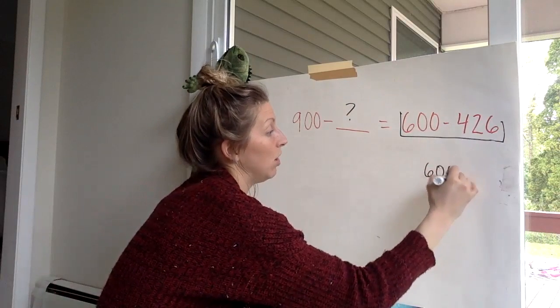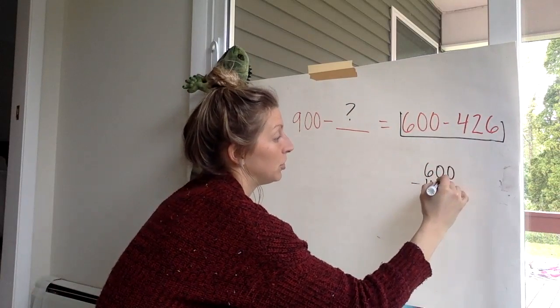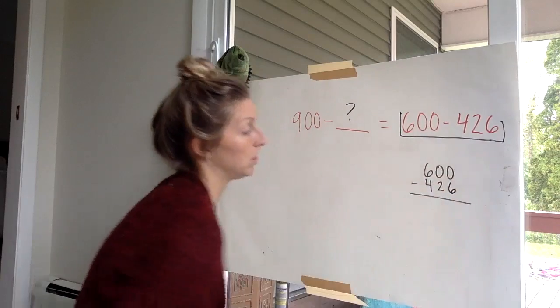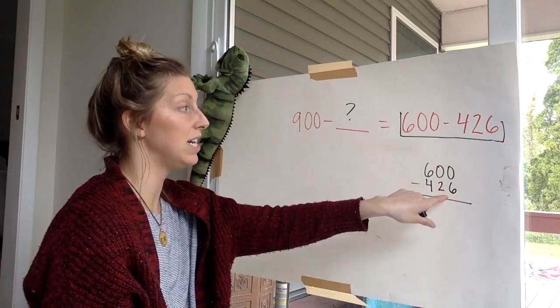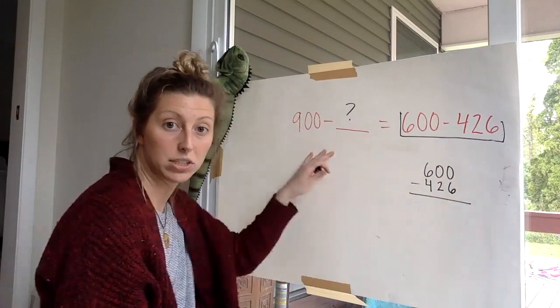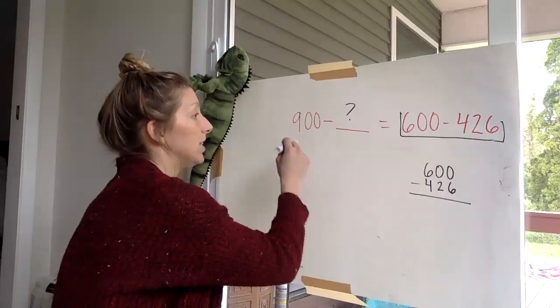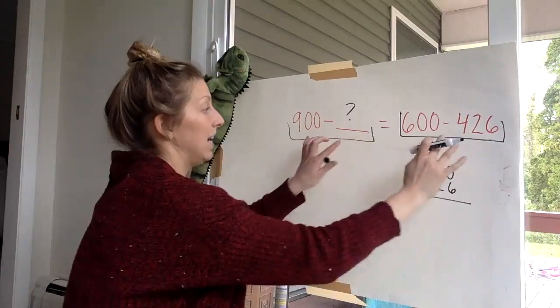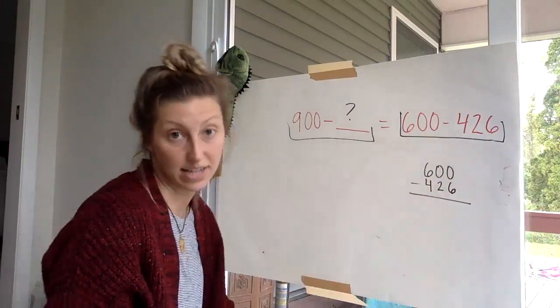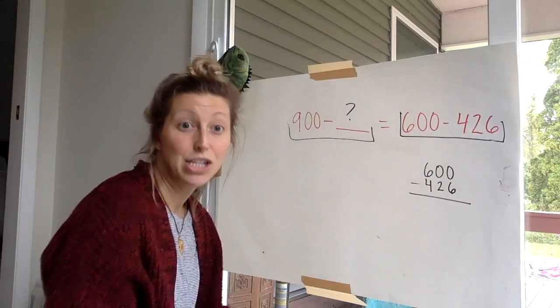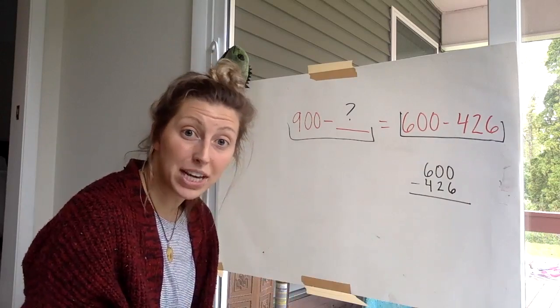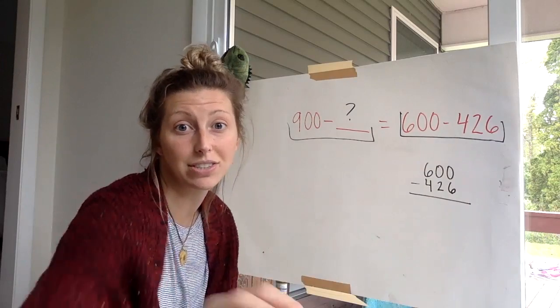So I'm going to help you out and just give you this first part. Figure out what this side equals before knowing what to subtract on this side, because this side has got to equal this side. Okay, so try that out. Let me know what you get, and let me know if you have any questions, okay?